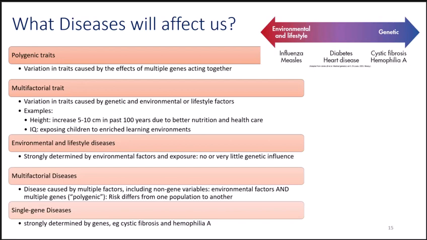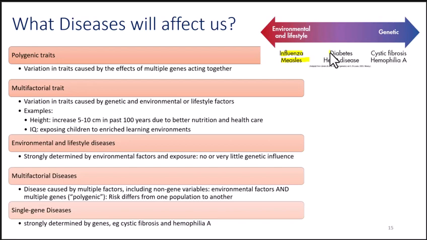There are diseases that are strongly affected by the environment and lifestyle. So influenza, and actually it's shown up here, influenza and measles. Exposure to other people increases your likelihood of getting it with very little genetic component other than maybe your immunity.